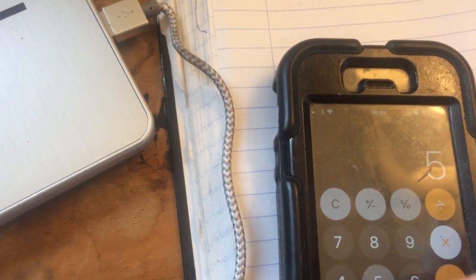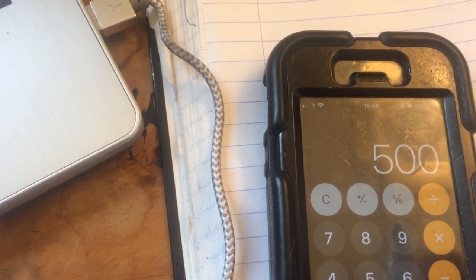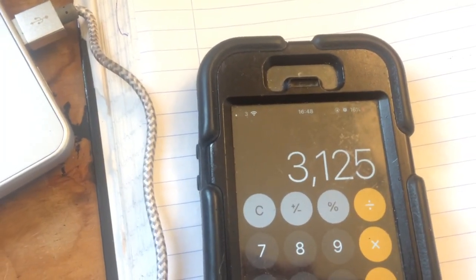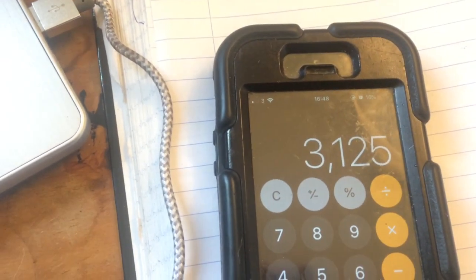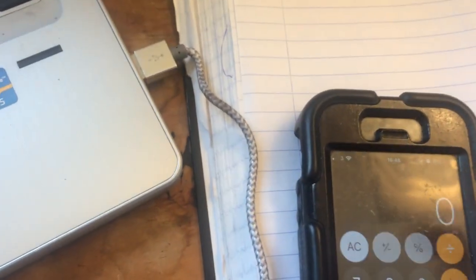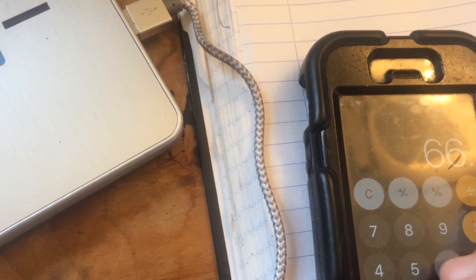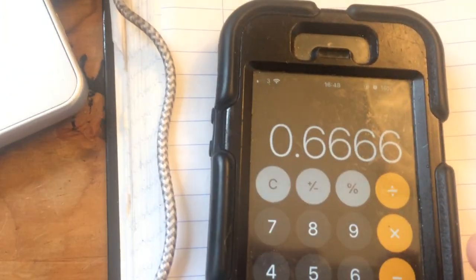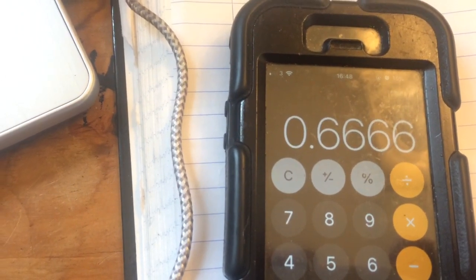Multiplied by 5,000 equals. The crocodile ate 3,125 grams. Right, let's see what the lion ate. The lion ate 66.66% of 4,500. So let's work that out. See? It's easier to let the calculator do the work, isn't it?